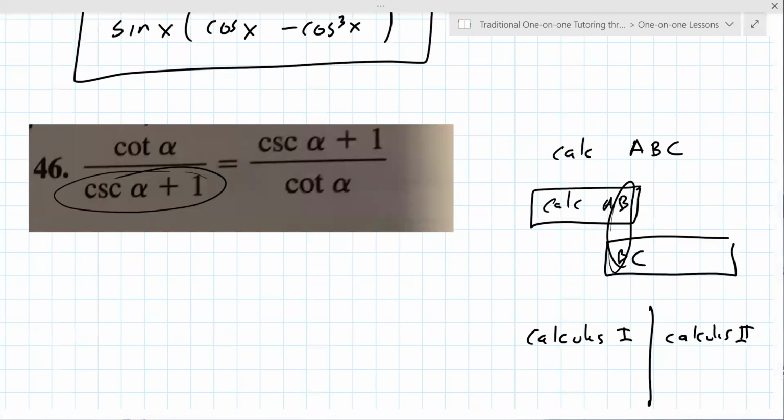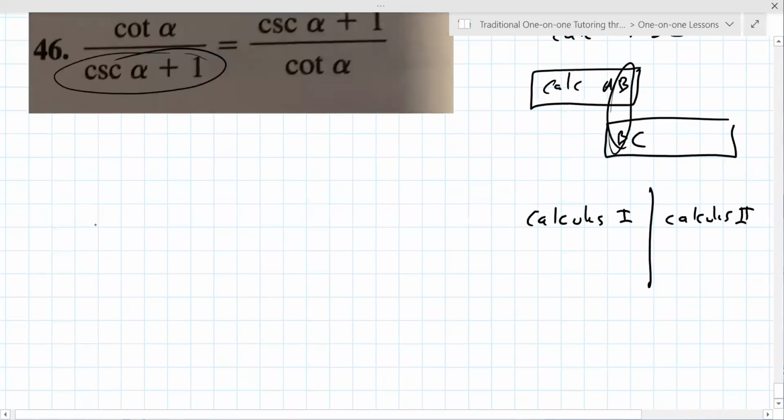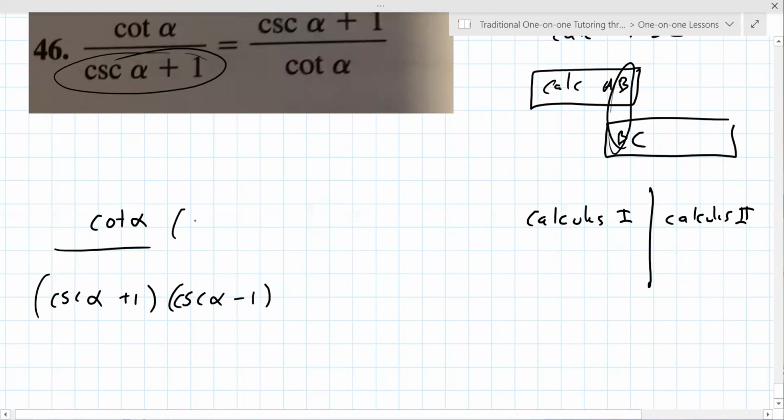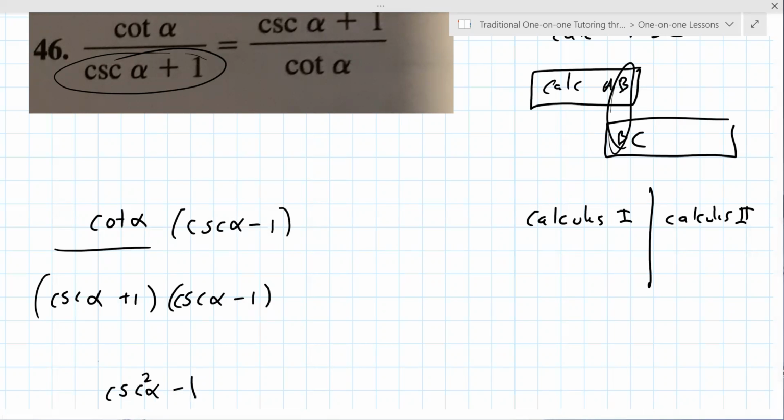Yeah. Okay, so if we work on the left side, you probably know to multiply by the conjugate. But you have to make sure, and that's why I was going to grab my identities, is cosecant squared minus 1 an identity? It is. It's cotangent squared. So that one works out. But if it wasn't an identity, then that's not the right step to take.